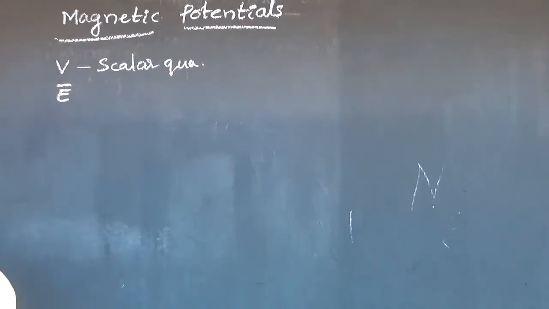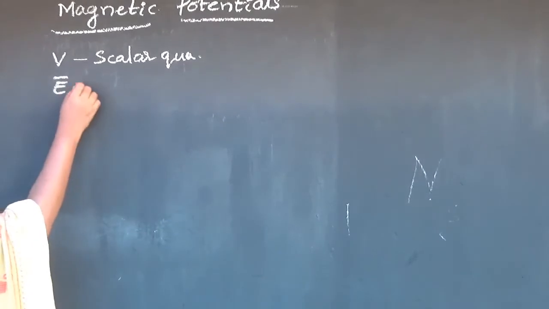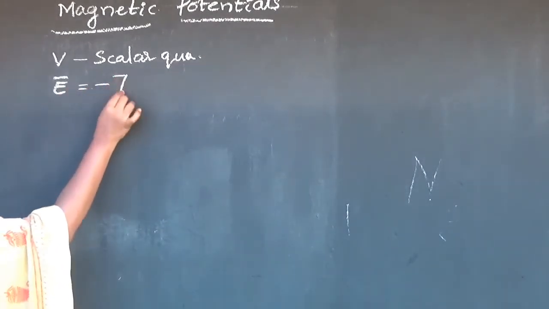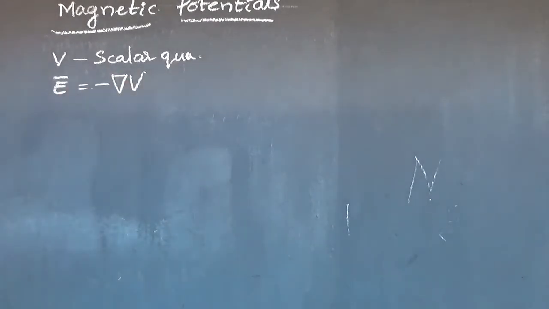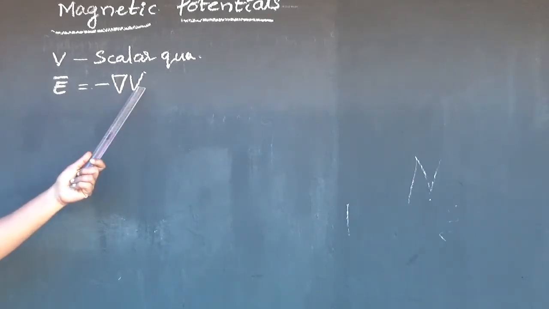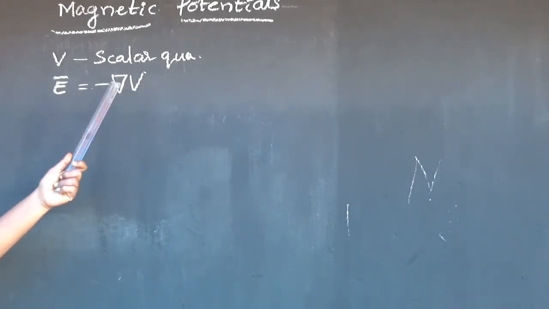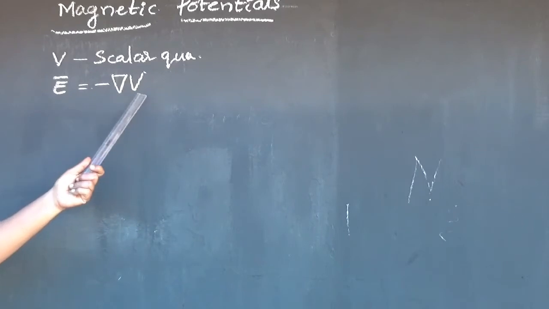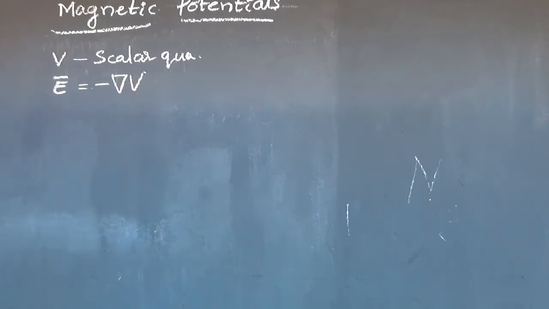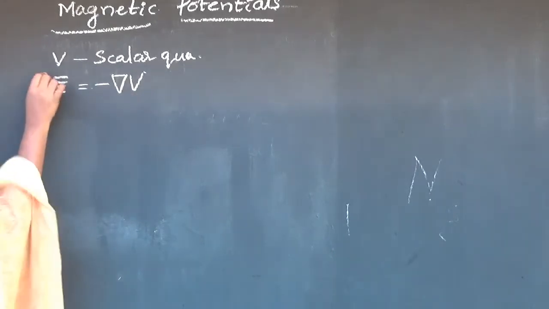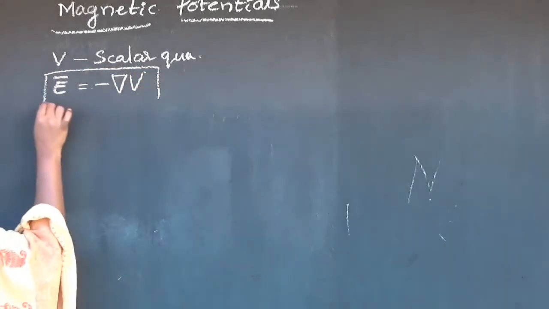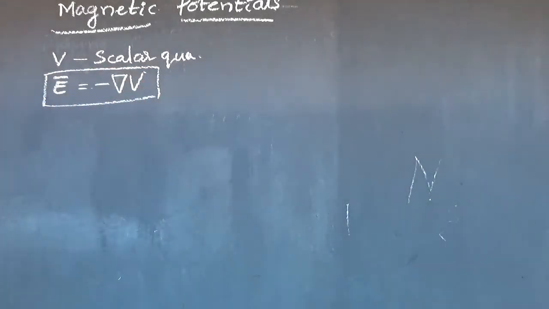Just to remind you, E bar is equal to minus del V, where E is a vector quantity and V is a scalar. By operating with the del, it gives the vector quantity. So this is the relation between electric potential and electric field intensity in electrostatics.